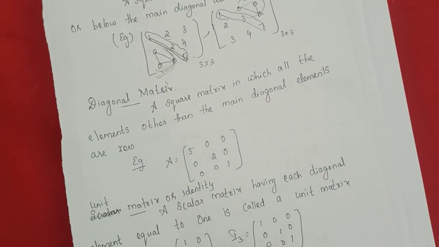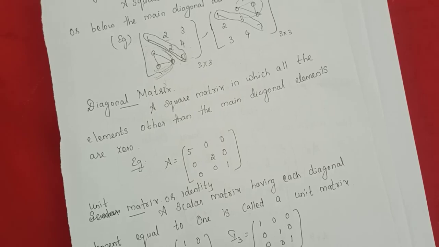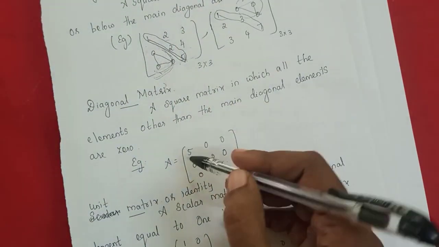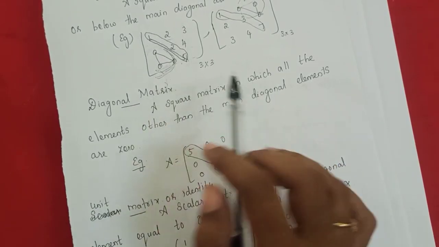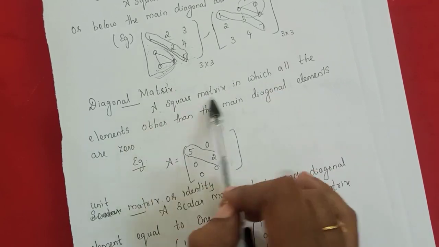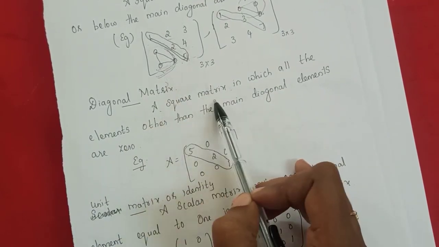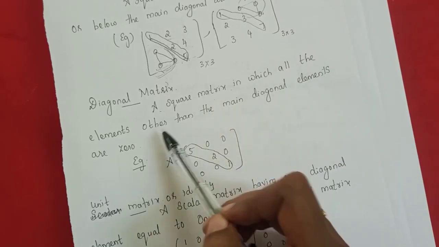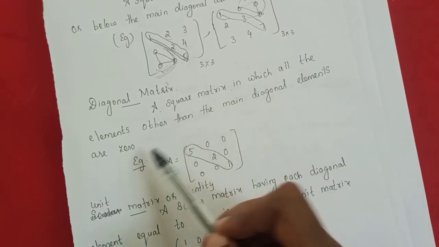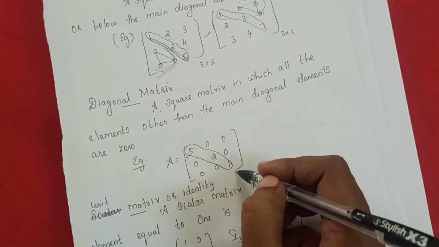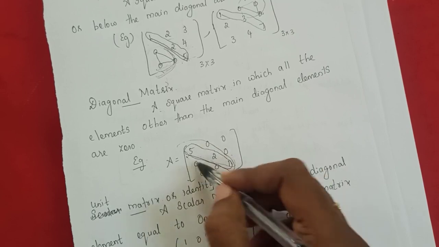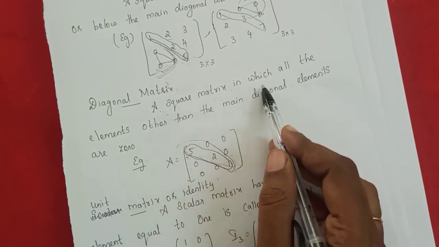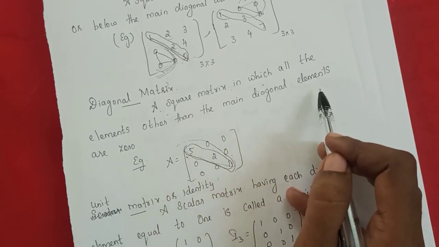Okay. Then the next one is the diagonal matrix. What do you mean by diagonal matrix? First you need to know what a diagonal is, then this will be easy. So anyhow, it is a diagonal, is it right? Yes. All these types of matrix are possible only in a square matrix, okay? A diagonal matrix is a square matrix in which all the elements other than the main diagonal elements are 0.